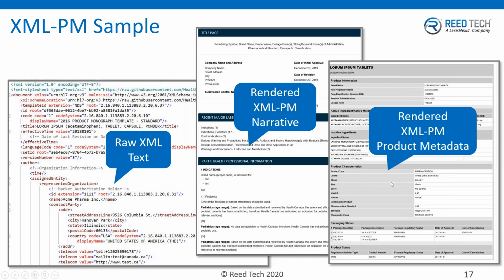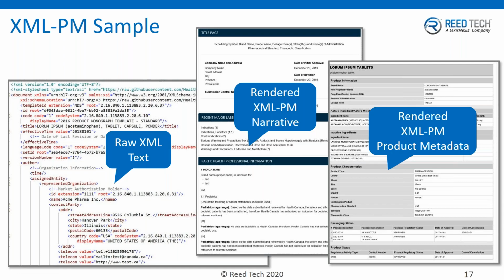And then what is new of significance is the product metadata. So I noted this earlier, where a number of data values are collected and presented in a tabular format. If you're at all familiar with the FDA SPL, this will look very familiar.